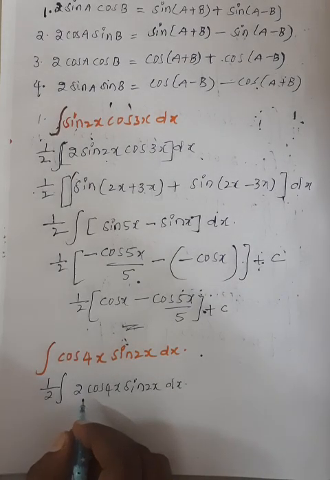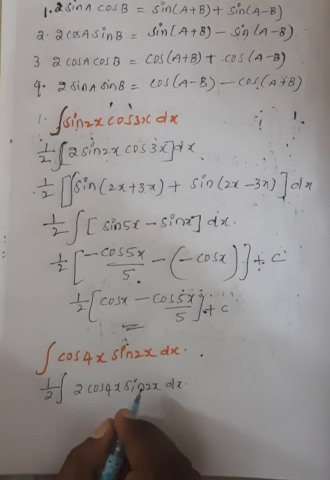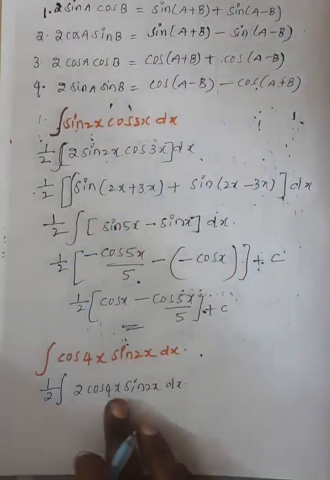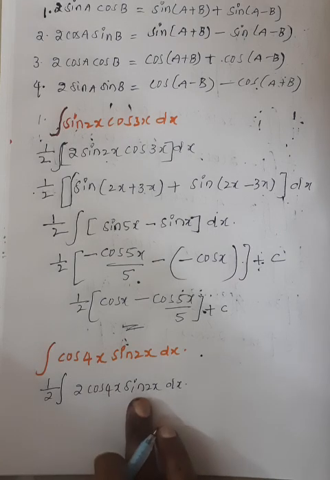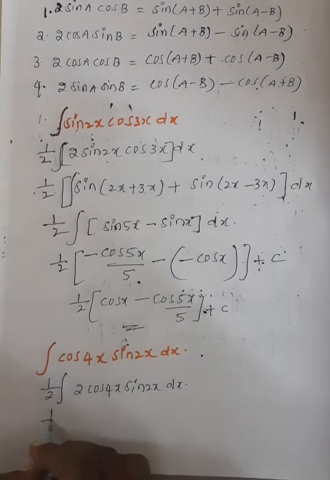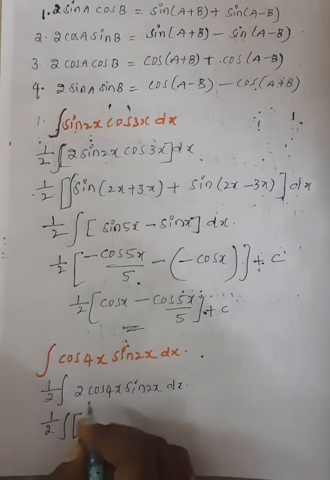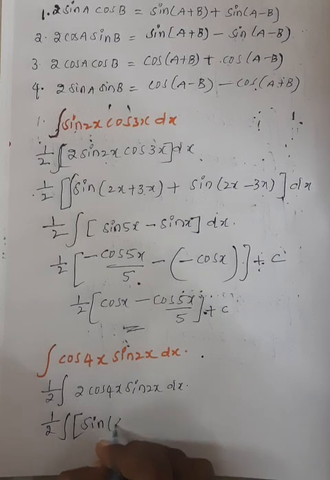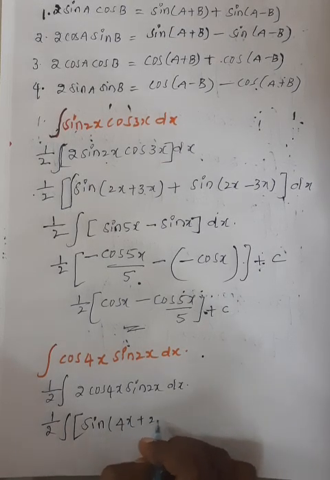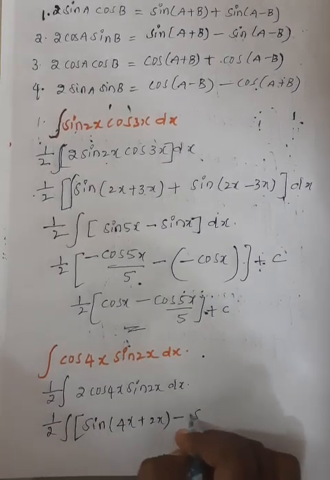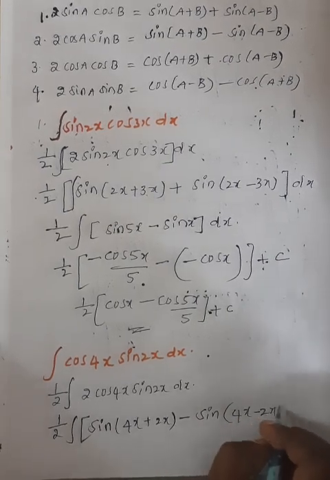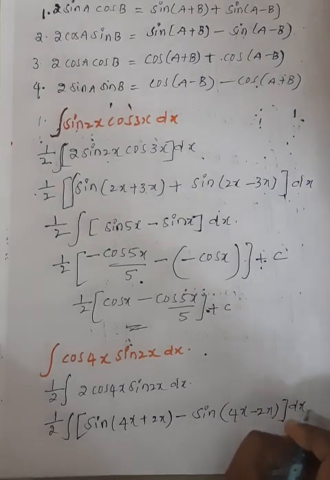Now the given question is of the form 2 cos A sin B, which is equal to sin of A plus B minus sin of A minus B. So here in place of A you are having 4x, in place of B you are having 2x. So it will become 1 by 2 integration of sin 4x plus 2x minus sin 4x minus 2x into dx.